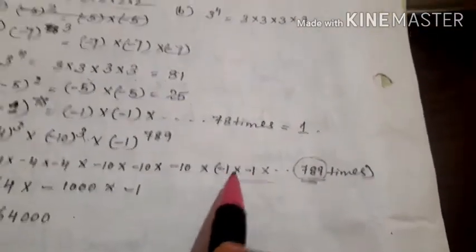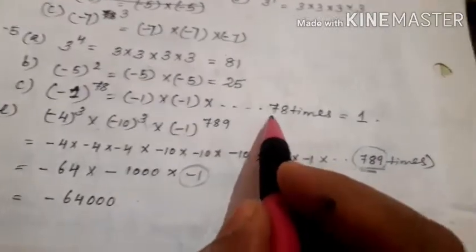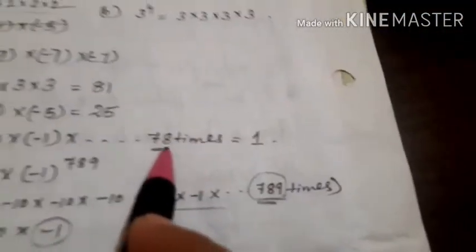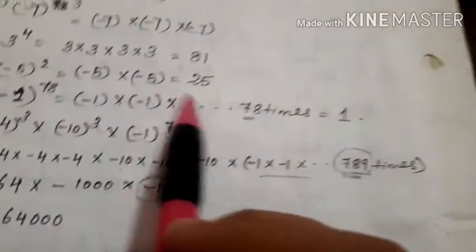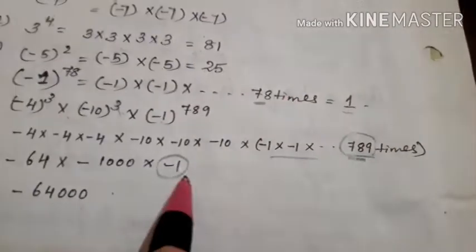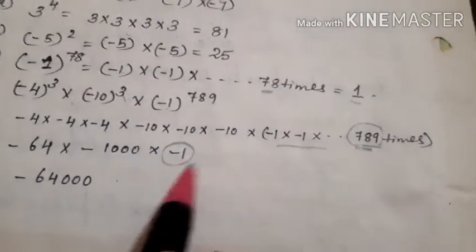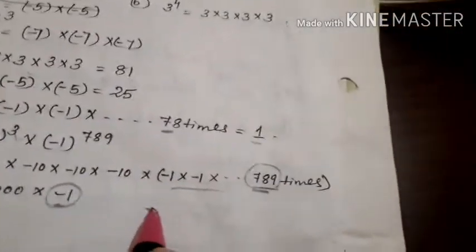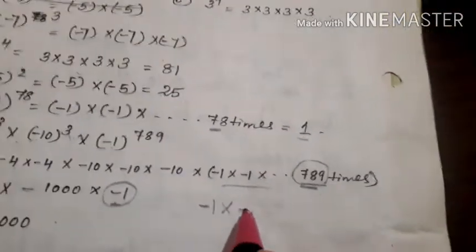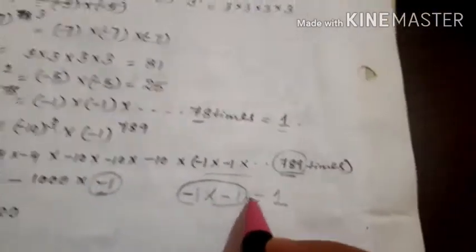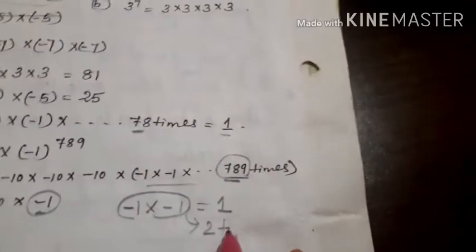If you find this is an odd number, then its value is minus 1. Here you see this is an even number, that's why minus into minus is plus 1. But in case of an odd number, you will get minus 1. You remember, for example, minus 1 into minus 1 is equal to plus 1 because it is multiplied even times, meaning 2 times.